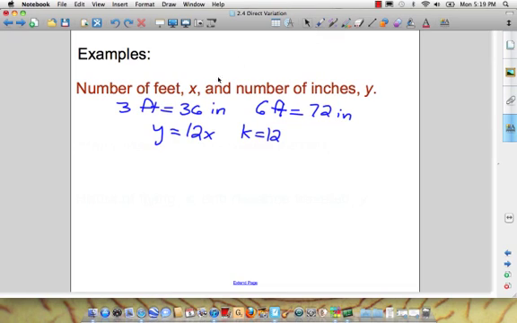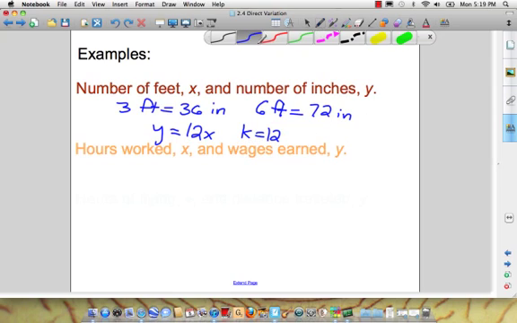Okay, another example. Hours worked, x, and wages earned, y. Assuming you're paid some hourly rate, the number of hours you worked and the wages you earn are directly proportional. So say, for example, you're babysitting and you're earning $8 an hour.